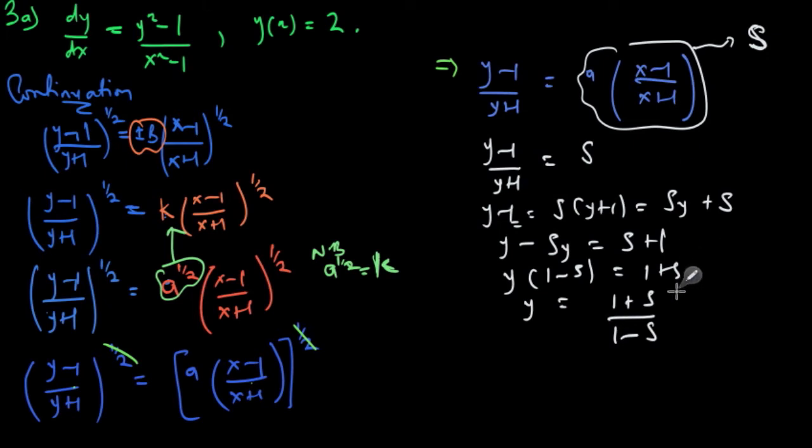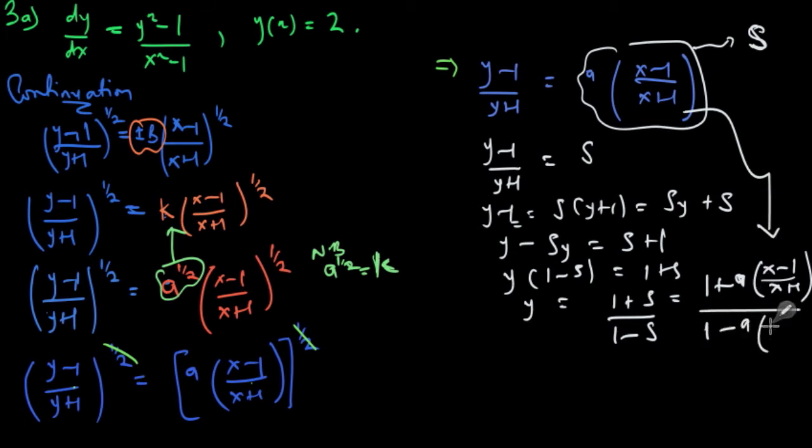So we can now come back here and rewrite it as 1 plus big S. Our big S is a into (x minus 1)/(x plus 1). So that's what we have here, divided by 1 minus a into (x minus 1)/(x plus 1).